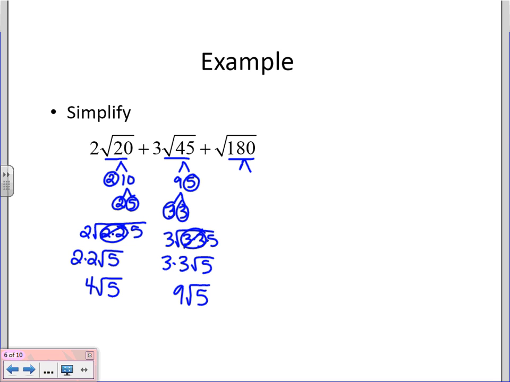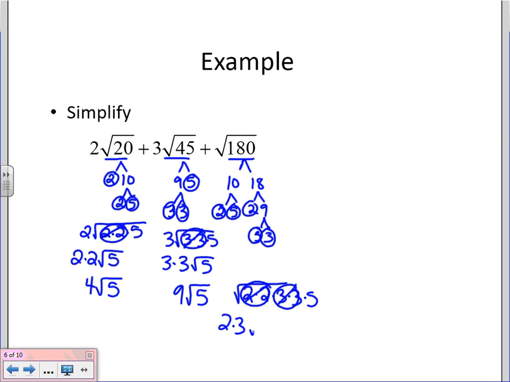And again with 180, we have 10 times 18, 2 times 5. 18 is 2 times 9, 3 times 3. And we rewrite this as 2 times 2 times 3 times 3 times 5, and we have 6 square root 5.